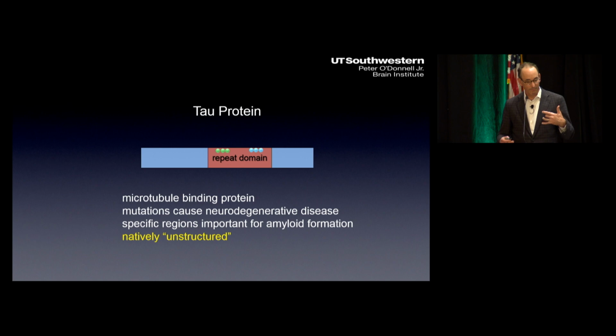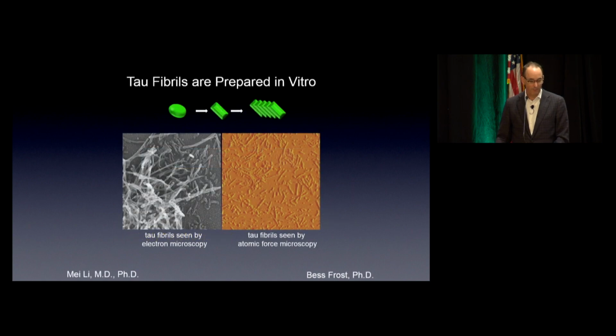But for most of the time in the literature, if you read about tau protein, you'll read that it's an unstructured protein. It doesn't have any definable structure. And what I want to emphasize in this talk is that is not true. In fact, the protein probably has multiple distinct conformational ensembles, some of which can lead to disease and some of which do not.